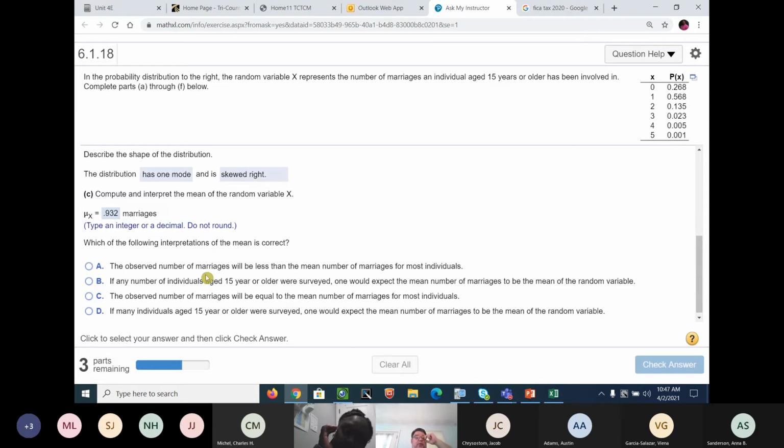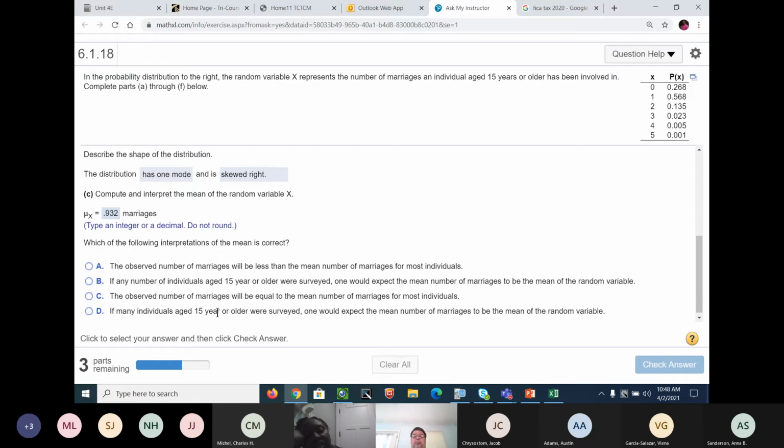Let's see. The observed number of marriages will be less than the mean number of marriages. If any number of individuals age 15 or older were surveyed, one would expect the mean number of marriages to be the mean of the random variable. The observed number of marriages will be equal to the mean number of marriages for most individuals. That may be the answer. If many individuals age 15 were surveyed, one would expect the mean number of marriages to be the mean of the random variable.